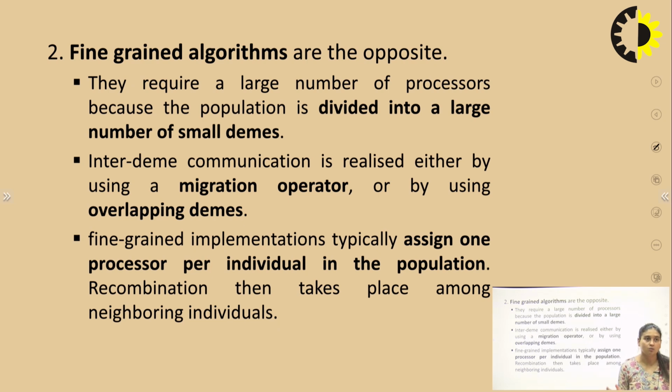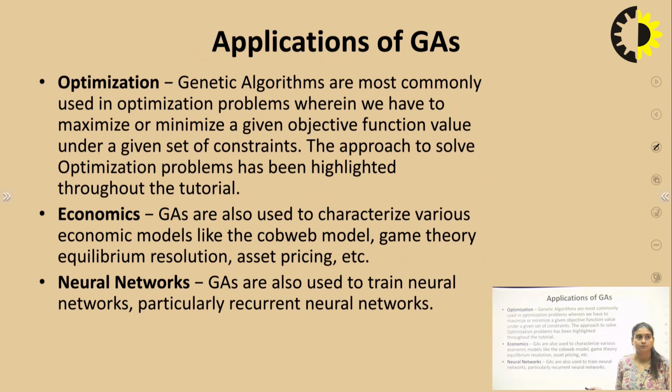Inter-deme communication is also there, either by a migration operator or by overlapping demes. You just need to remember the keywords for these concepts: in general there are two approaches for parallelization. Fine-grained implementations typically assign one processor per individual in the population, and recombination happens among the neighboring individuals.